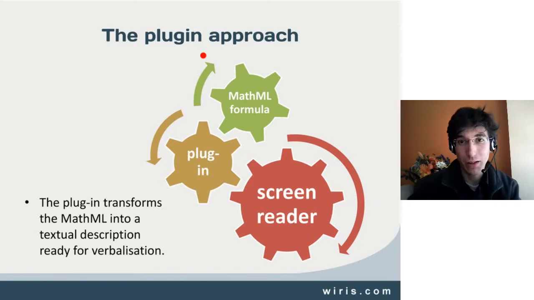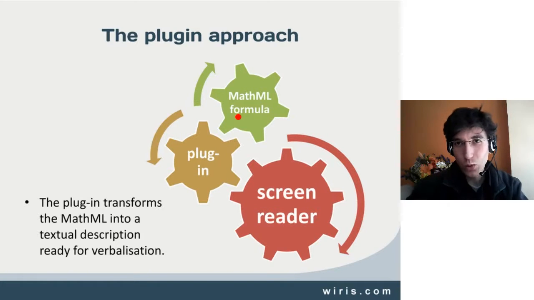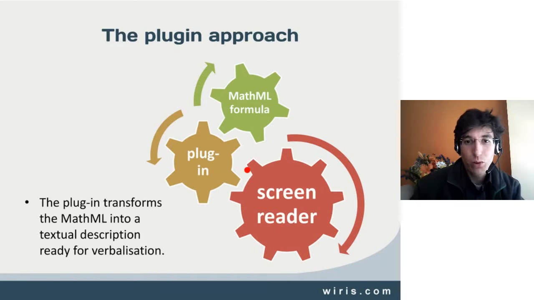So basically, if you're storing your math formula as MathML, your screen reader will not be able to use it. So what you do is you install a plugin that transforms the MathML into a textual description like the one that we just had, like 2 to the power of x plus 1 and exponent, or whatever similar, right?